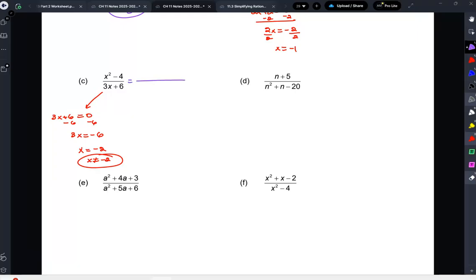Now let's simplify. To simplify, we're going to factor. How do I factor the x squared minus 4? Correct. Here, how do I factor this out? What can I factor out of here? A 3.